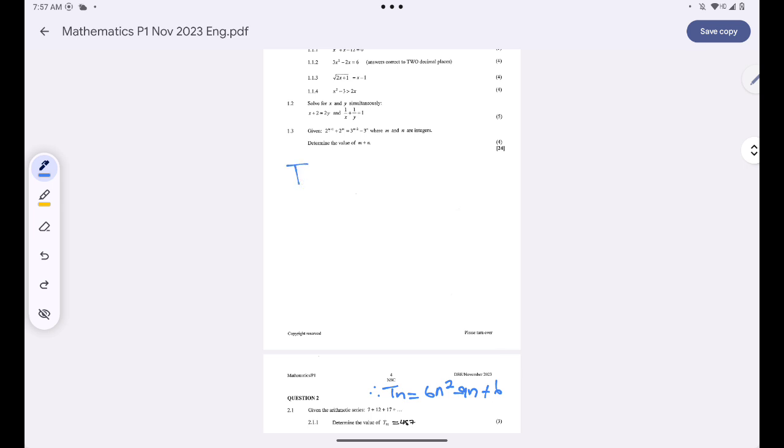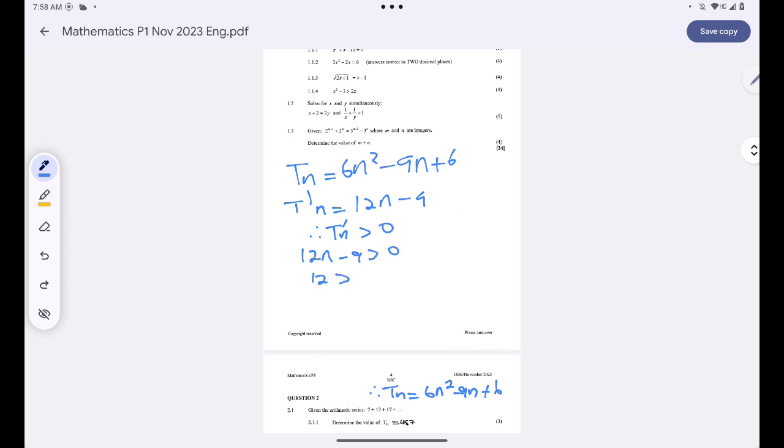So I have Tn, which is equal to 6n squared minus 9n plus 6, right? So the derivative is simply 12n minus 9. For something to be increasing, it simply means that its derivative must be greater than 0. So that means 12n minus 9 should be greater than 0.